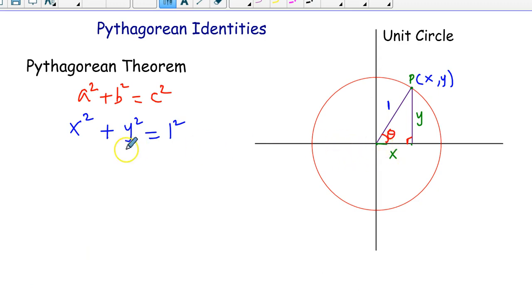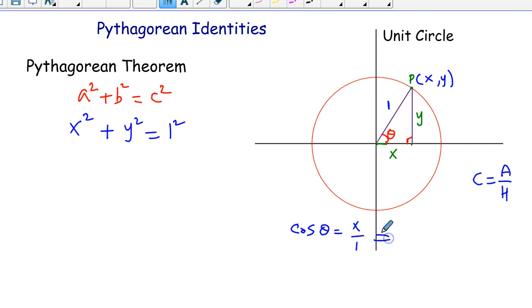Now, what is this x and y? When I compare it with my trigonometric ratios, let me say cosine theta. The formula for cosine theta is a over h. So adjacent side is x over hypotenuse is 1.